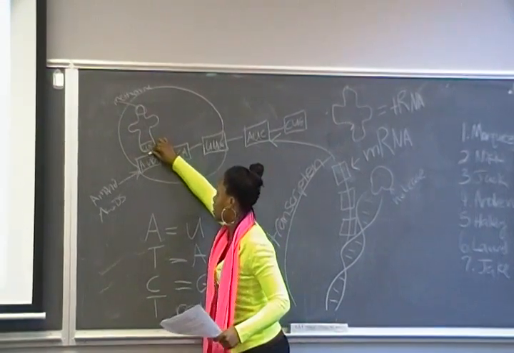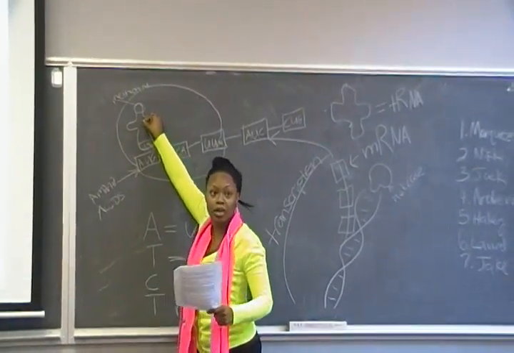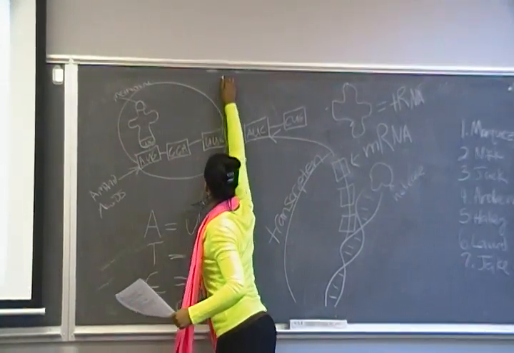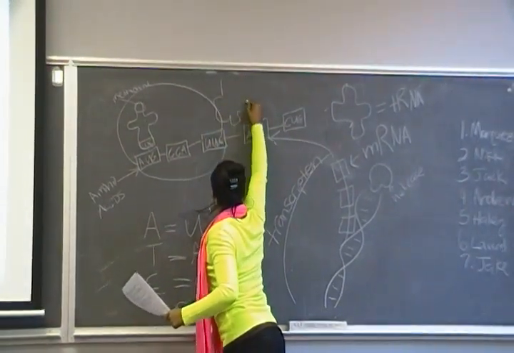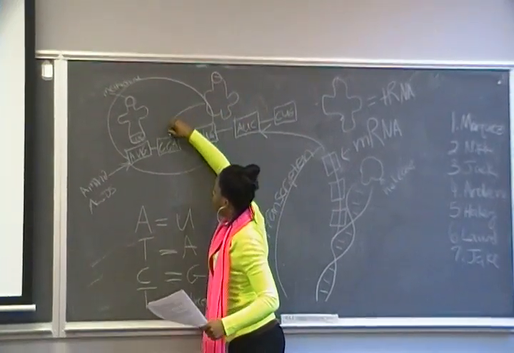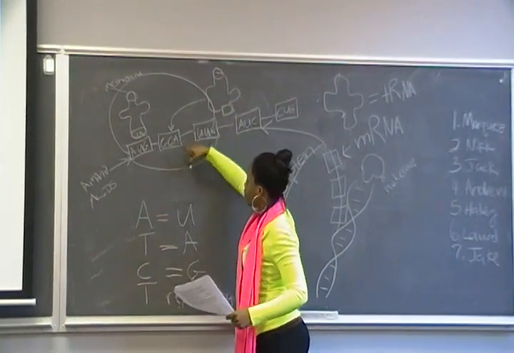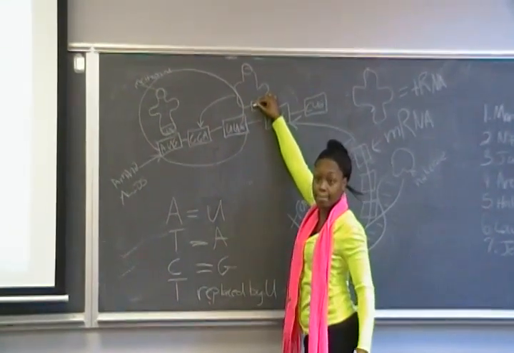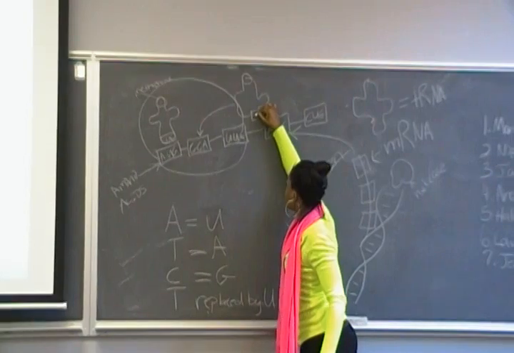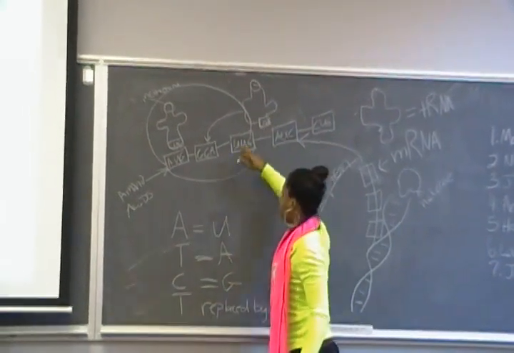So once that binds together, this tRNA is going to get ready to leave, and another tRNA containing another component is going to come in and bind to that one, and it'll be what? CCU. Okay.